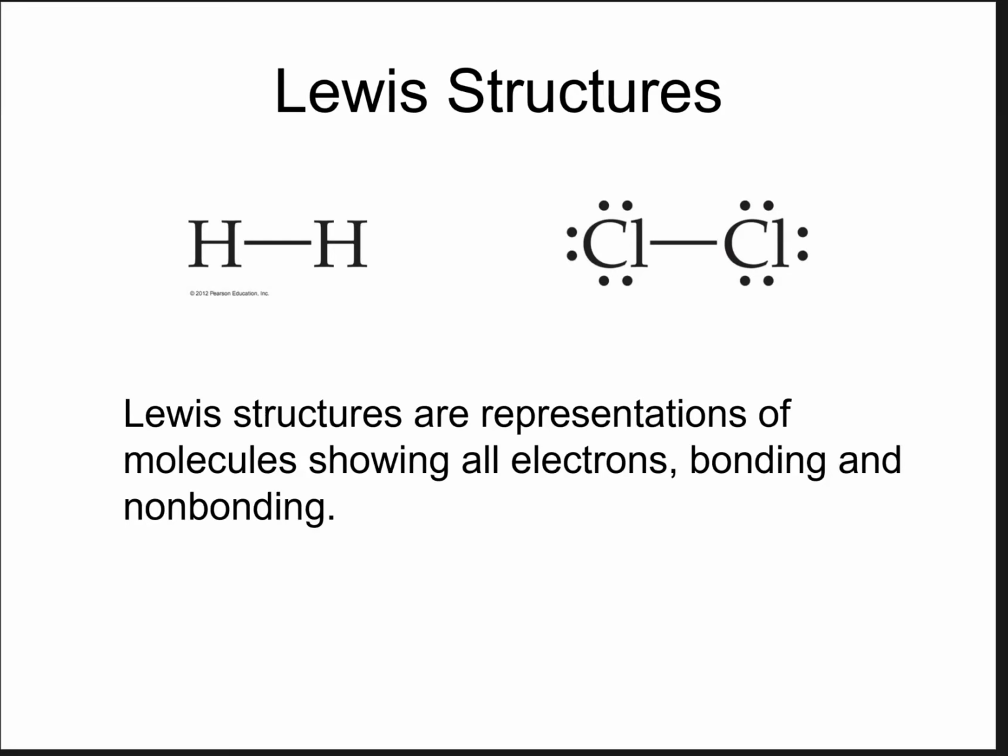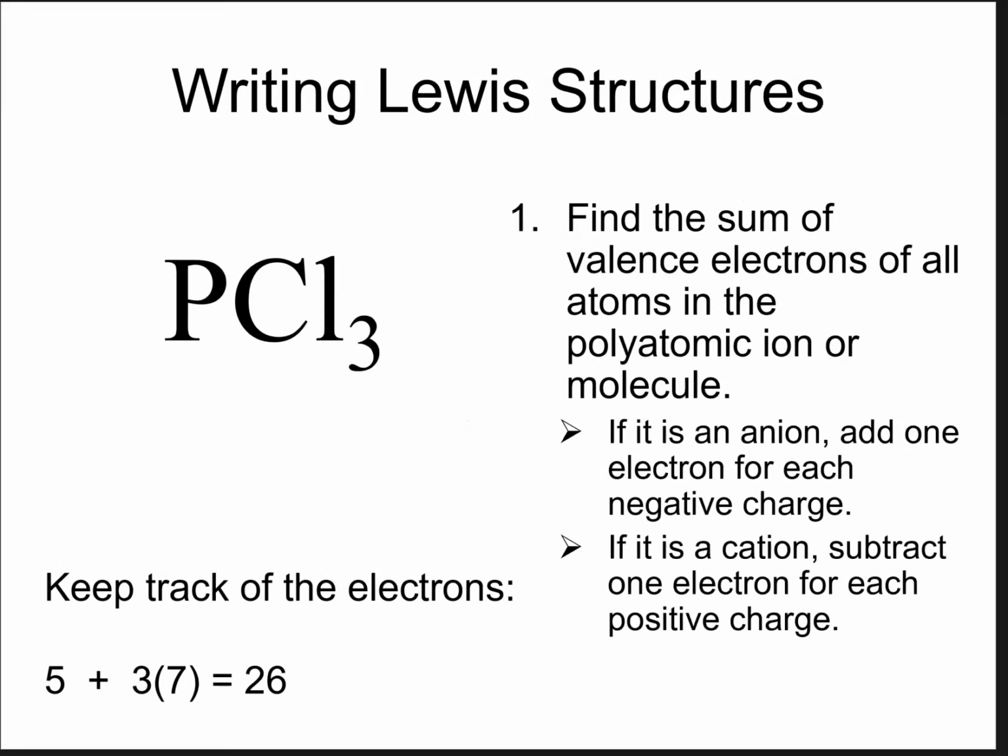Now, in order to write a Lewis structure, the first thing you need to do is find how many valence electrons there are. For something like PCl3, phosphorus has 5 valence electrons. That is, if you count from phosphorus on the periodic table from left to right, you'll find phosphorus is the 5th element moving from left to right, so there are 5 valence electrons.